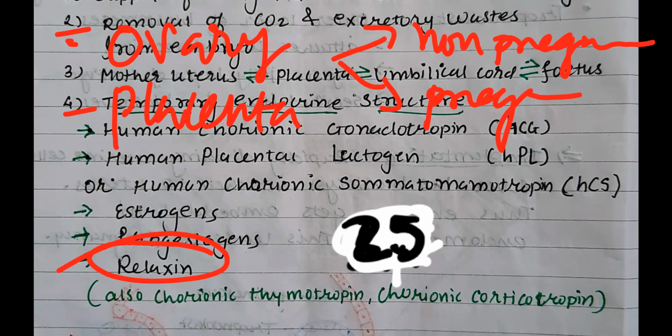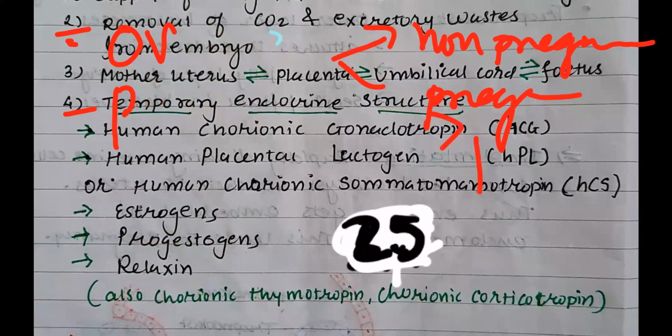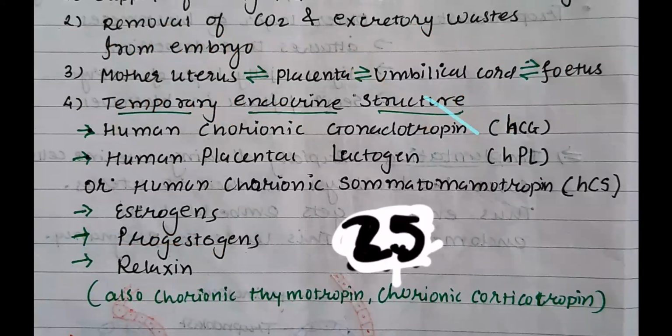But the same thing happens in the corpus luteum of the ovary of a pregnant woman. And later on, when the corpus luteum degenerates after the 4th month of pregnancy, it is the placenta. So these are the ovary and placenta sources of relaxin. Relaxin is a peptide hormone, unlike the estrogen and progesterone secreted from the ovary, which are steroids.